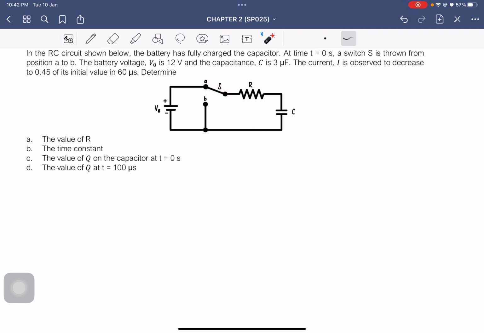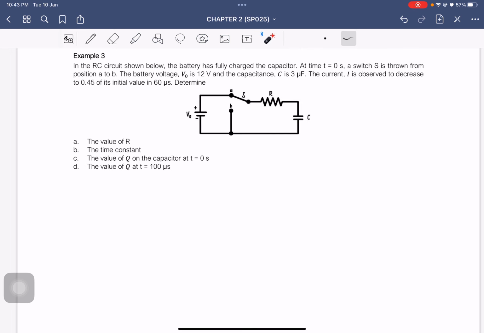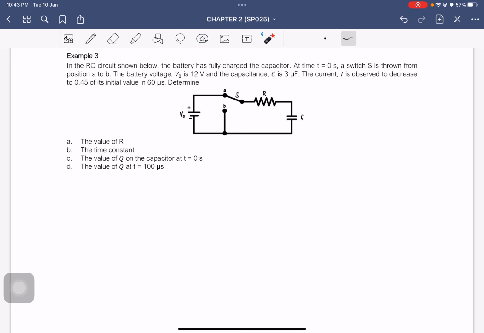Okay, so sekarang ni the battery voltage is 12 volt, capacitance is 3 microfarad. The current is observed to decrease to 0.45 of its initial value in 60 microseconds. So we have to determine the value of R, and then the time constant, the value of Q on the capacitor at t equal to 0 and at t equal to 100 microseconds.